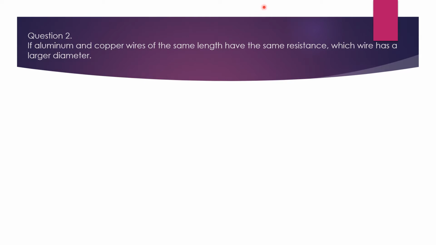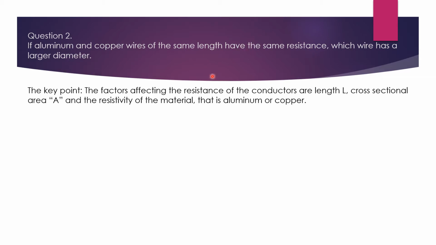Question 2. If aluminum and copper wires of the same length have the same resistance, which wire has a larger diameter? Now the key point here is the factors affecting the resistance of the conductors are length L, cross-sectional area A, and the resistivity of the material, that is of aluminum or copper.